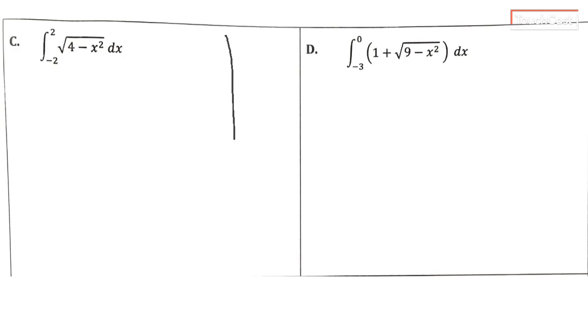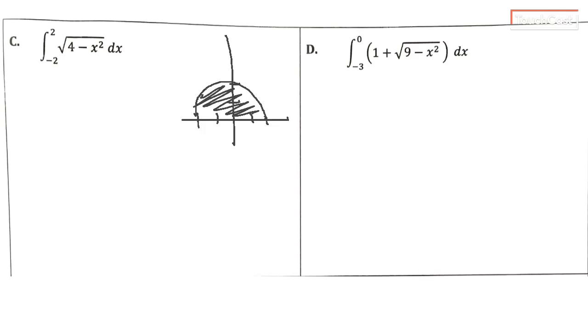So 2 squared is in place of r squared. So our radius is 2, so from the origin we're going to go out 2 in every direction. And then we're just going to create a semicircle. So we want to find this total area from -2 to 2.